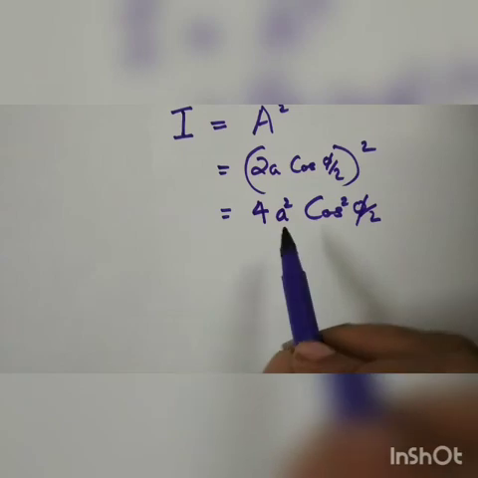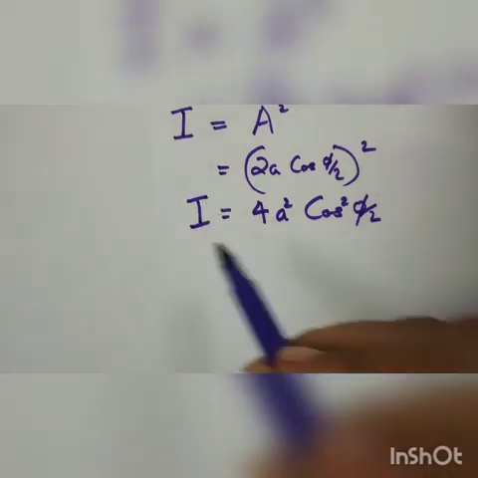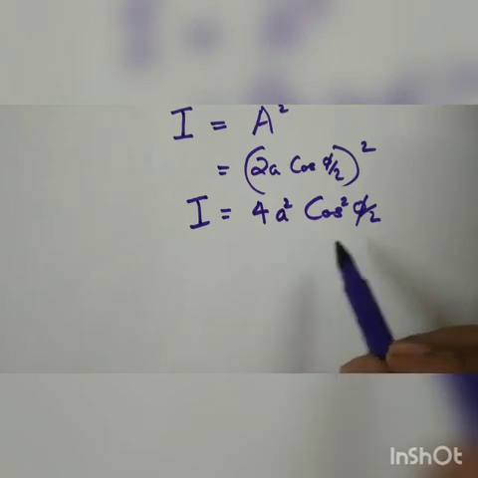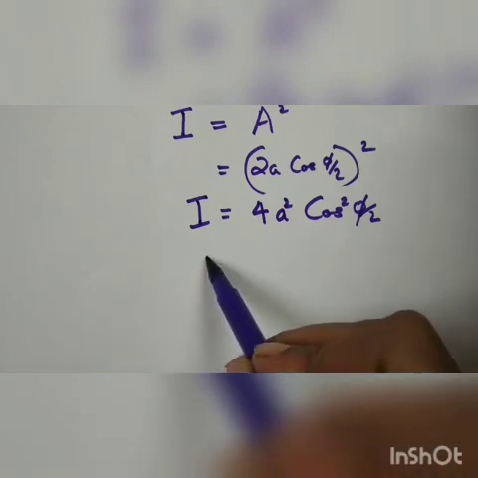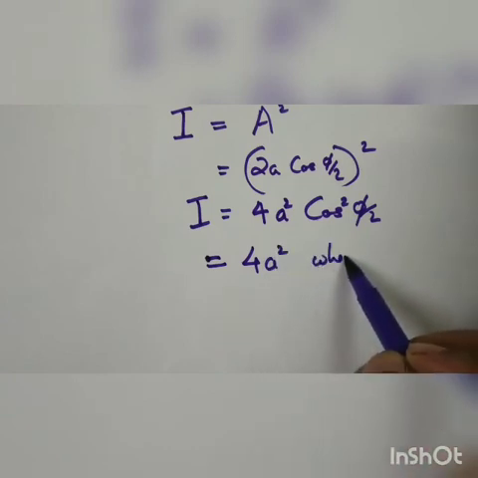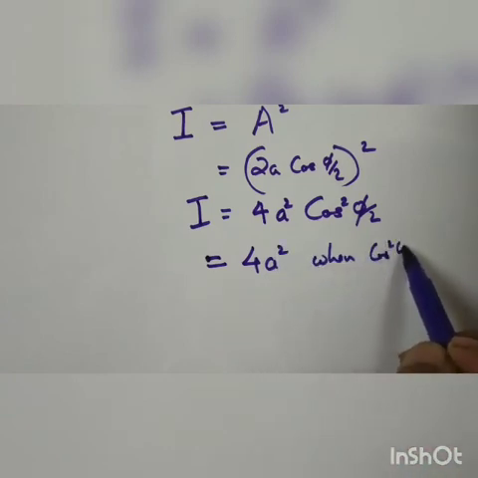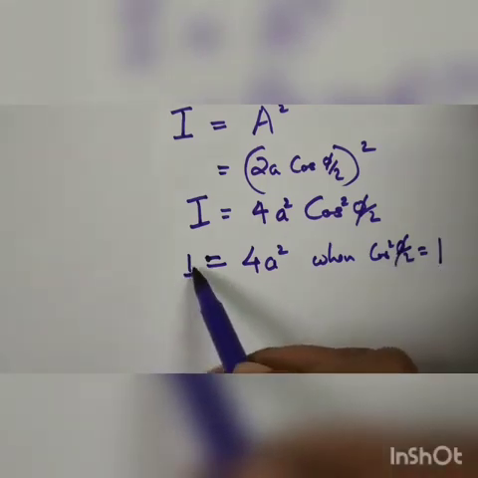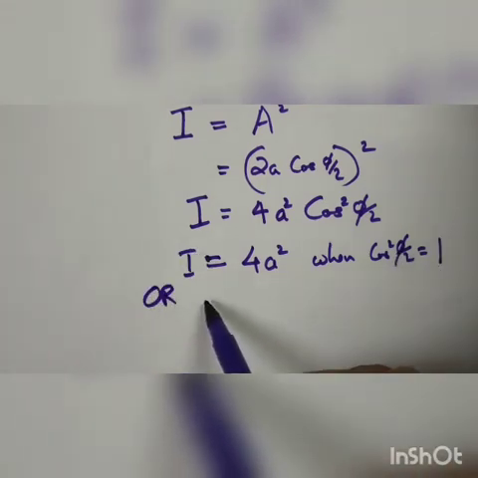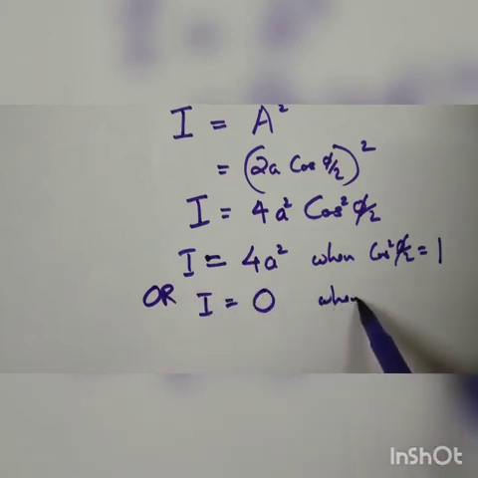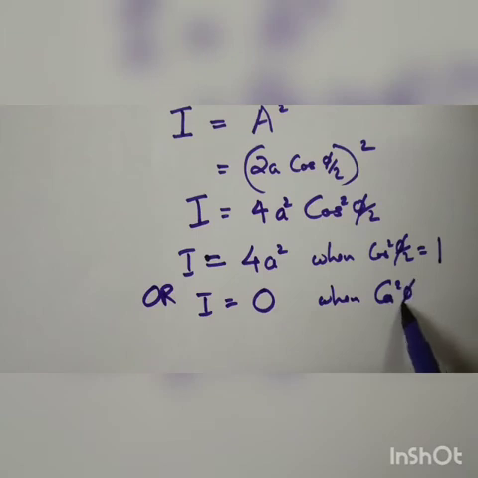Now from this equation, you can see that the intensity of the wave can be of 2 kinds. Either the intensity will be equal to 4a square when cos square 5 by 2 equals 1, or intensity will be equal to 0 when cos square 5 by 2 equals 0.